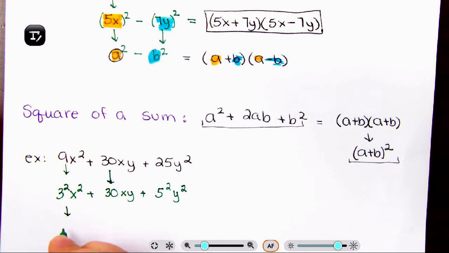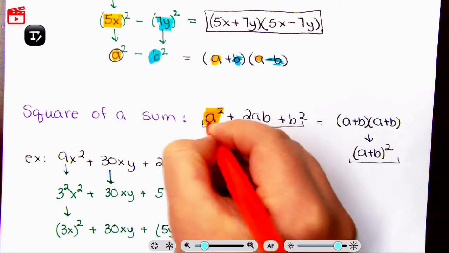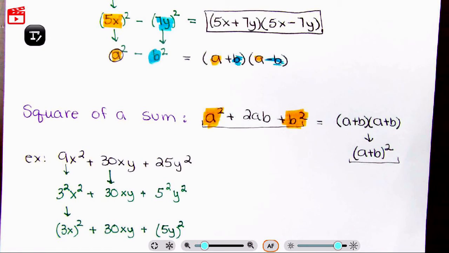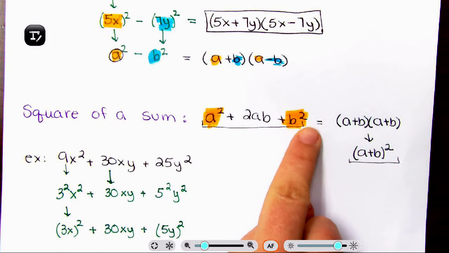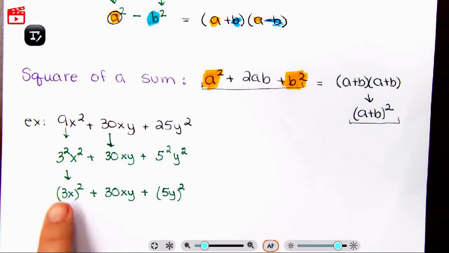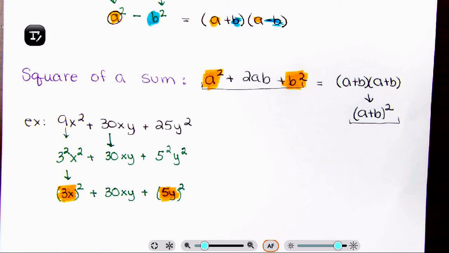This means I have (3x) squared plus 30xy plus (5y) squared. What you're looking for in the square of a sum is the first term to be squared and the last term to be squared.